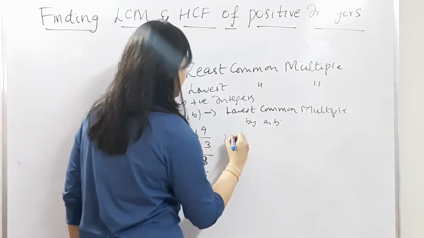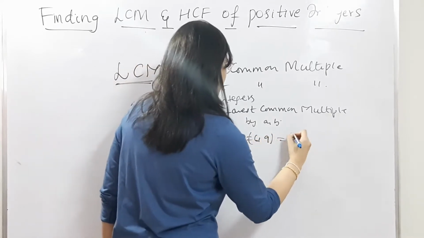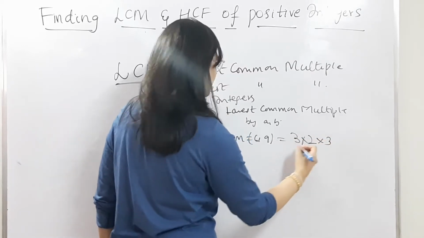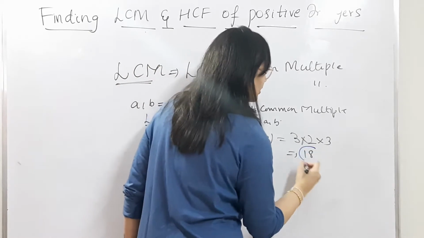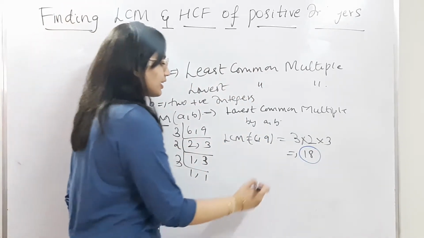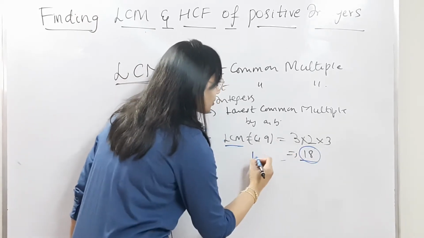So the LCM of 6 and 9 is 3 into 2 into 3, that is 18. Now, how did we get to this number 18? By applying the division method, and you know the process here. But if you observe, LCM means this is the lowest common multiple here.